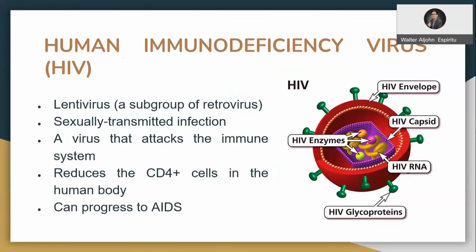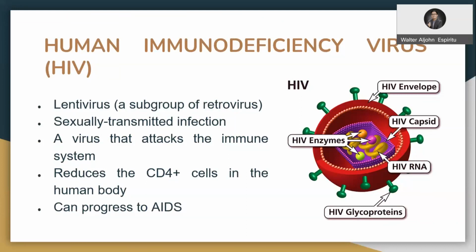This is a sexually transmitted infection, and this virus attacks the immune system, specifically the helper T cells. This reduces the CD4 plus helper T cells in the body, and when it progresses, it becomes AIDS, or acquired immune deficiency syndrome.